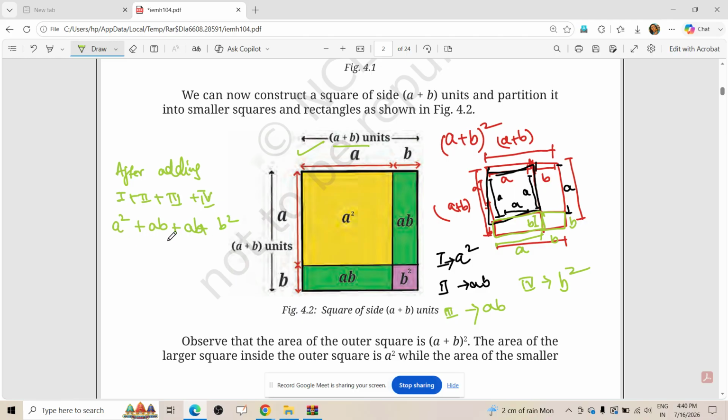So ab plus ab becomes 2ab, and here it is a square plus b square. This is the area of the whole square, which has length a plus b unit. So (a plus b) whole square equals a square plus 2ab plus b square.